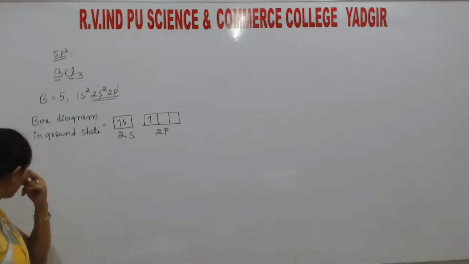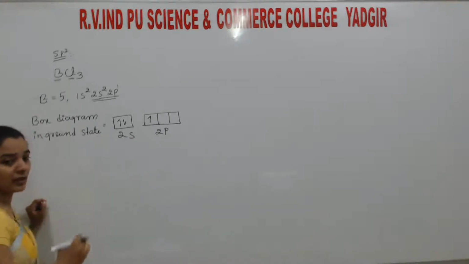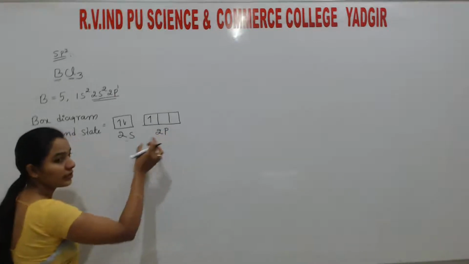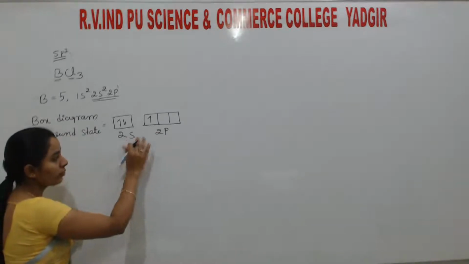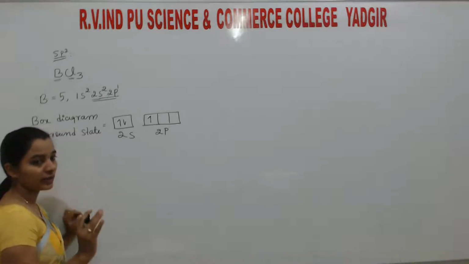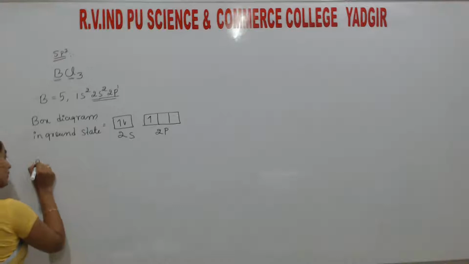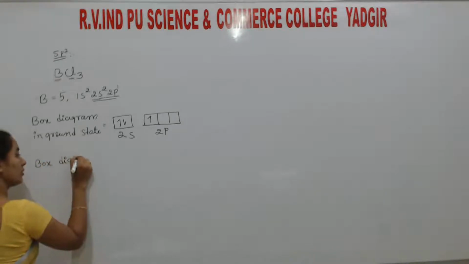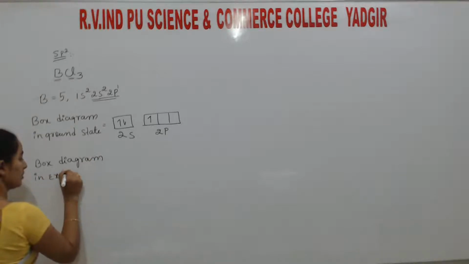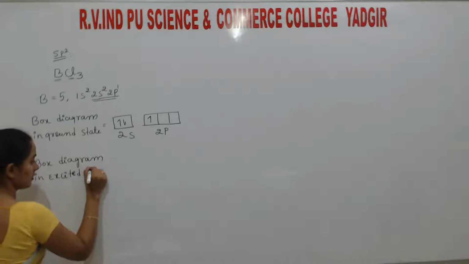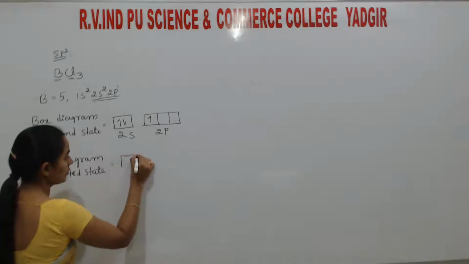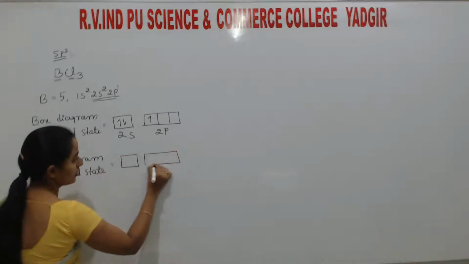Then what to do? The third point I told you: excite if necessary. Here we need to excite the molecule. What is excitation? Jumping of an electron from a lower energy level to a higher energy level. From 2s it can easily jump to the 2p orbital because they have a small energy difference. Now the box diagram in the excited state: here it is 2s and 2p.